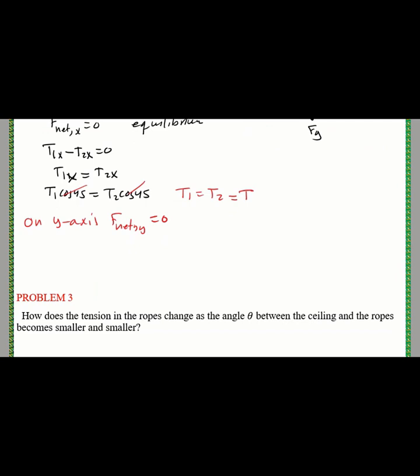So T1y plus T2y minus Fg equals 0. T1y is T1 sine theta plus T2y is T2 sine theta equals Fg.